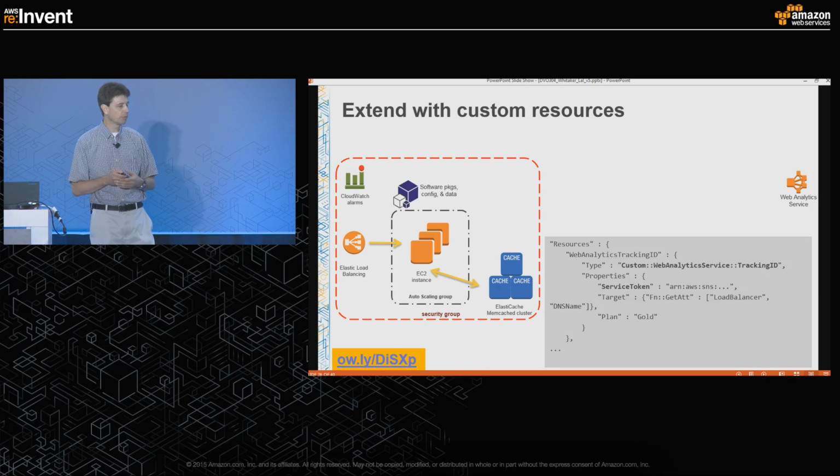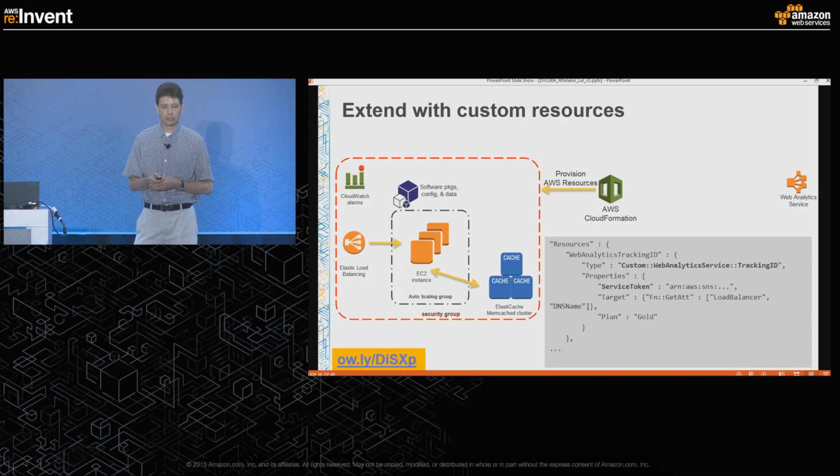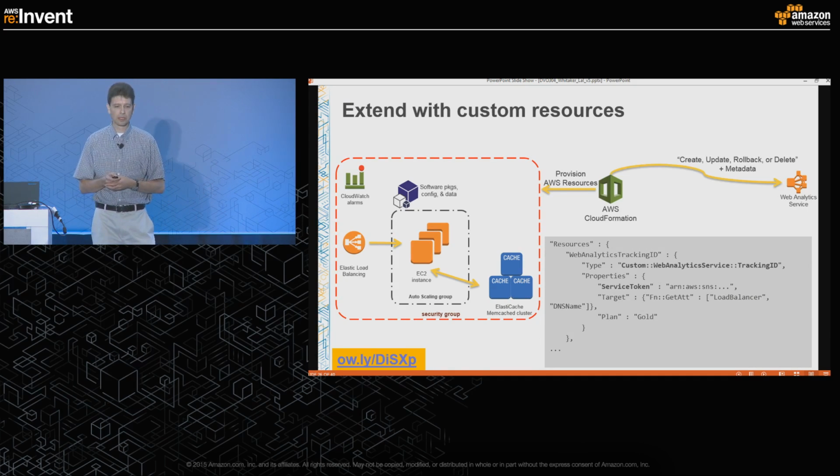It has one special property, which is called service token. And that's really an indication to CloudFormation of where to send messages when we get to create that resource. We know nothing about that resource, but we know it exists. So what will happen is, as CloudFormation provisions the stack, it will get to that resource, and it will send an SNS message, in this case, to whatever endpoint you've described.